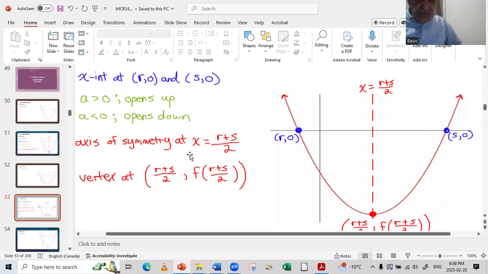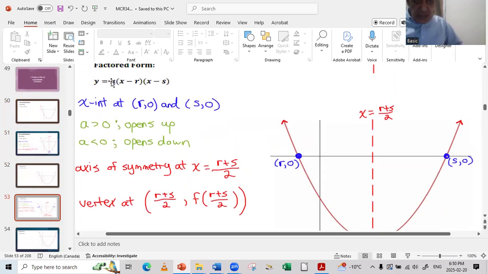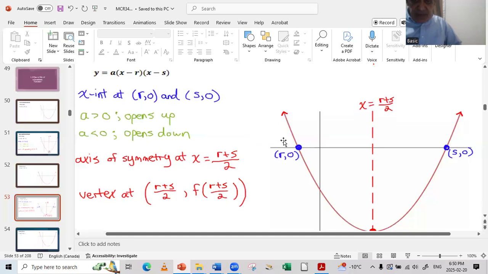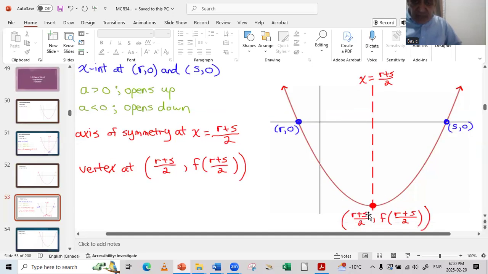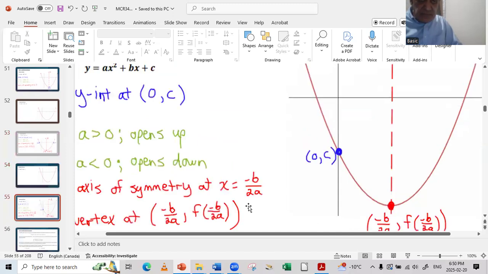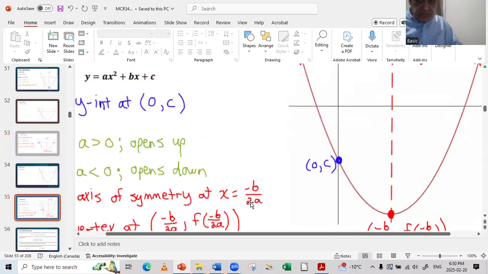Like we said before, once in the equation A is positive, then I'm expecting that the curve vertex will be down here. Same thing, this is a quadratic function, and A here is positive, so the curve will be like this.